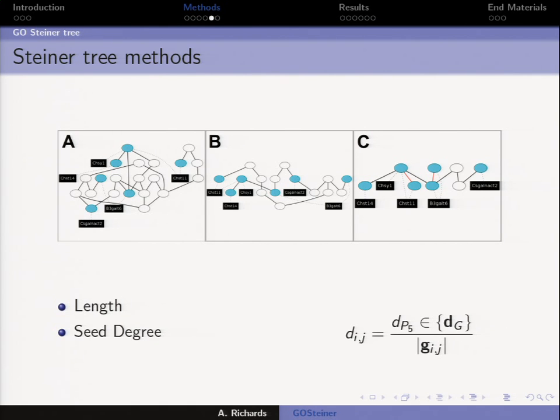The third graph here is another Steiner tree with two added edges. It may be difficult to see, but there are two edges here. Edges are added because sometimes you have similarity in a gene with annotations that isn't necessarily reflected in the semantic similarity.